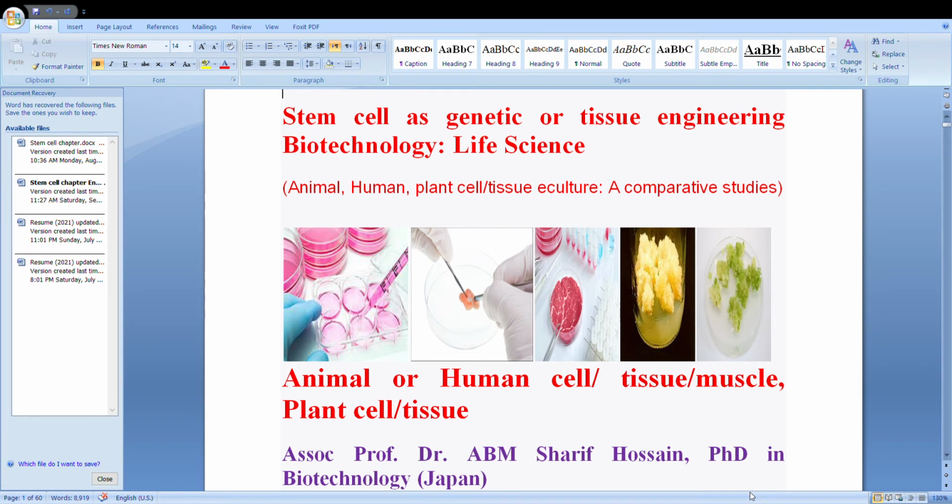Sometimes it is difficult to collect human and animal cells immediately.